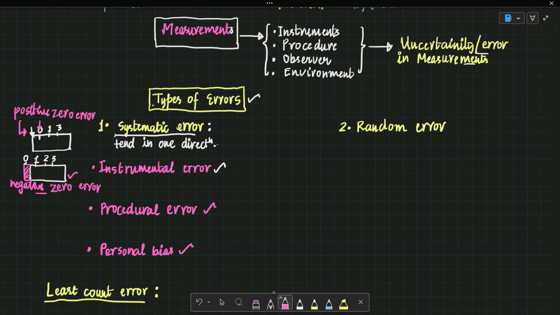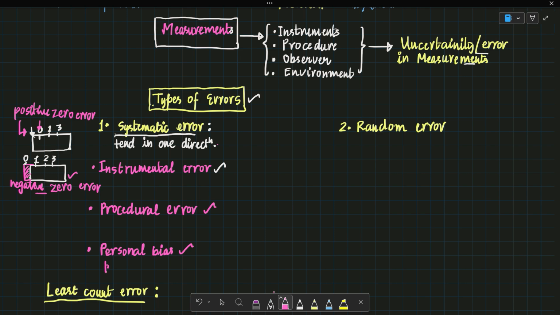Whenever a user is taking a reading, he may have a proclivity to take the measurement from the side. Instead of taking the value directly from the top of the meter, he can take values from the side, so there will always be parallax.